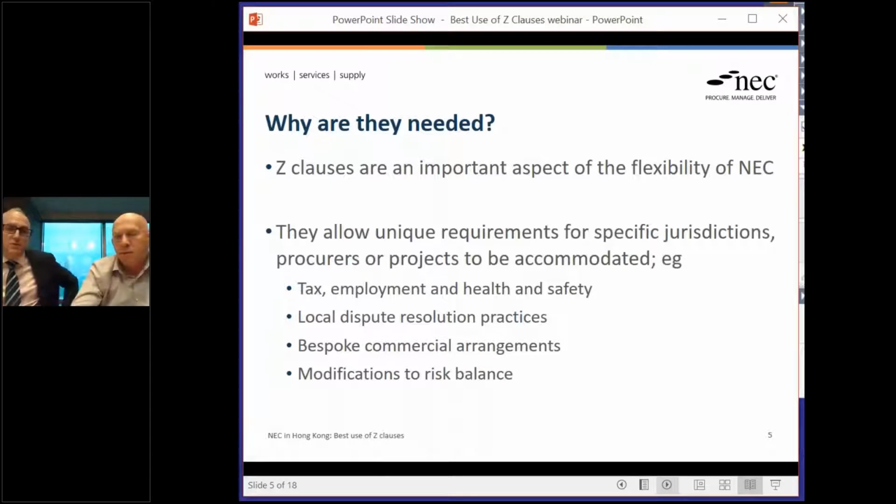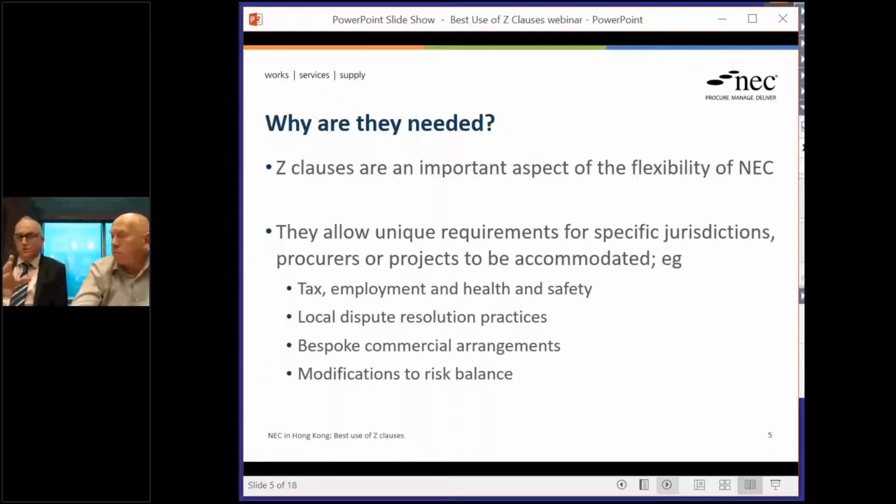And you may have bespoke commercial arrangements in your contract. NEC obviously provides a great deal of flexibility and choice already through options A to F, but sometimes parties might want to do something a little bit different. Maybe having a mix of fixed price and cost reimbursable or something like that. And then finally, of course, people will sometimes want to modify the risk balance as well.